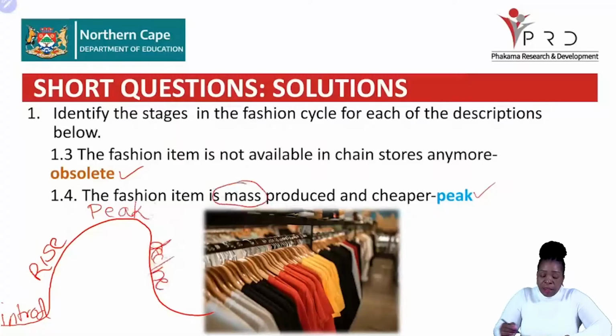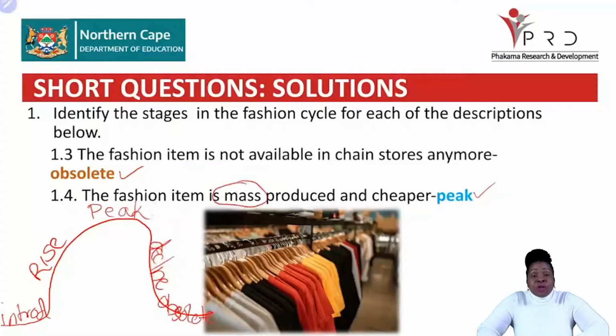Decline means there are fewer sales. Everybody is used to the fashion item. Everybody has bought it, and the sales of that product decline, right? And then the last one is obsolete, at the end.